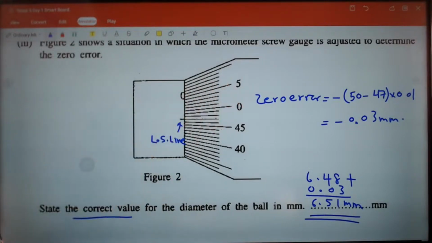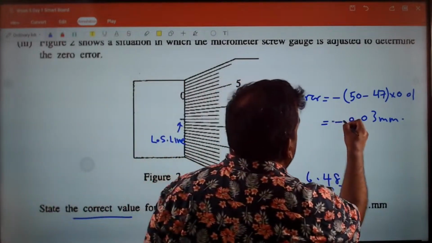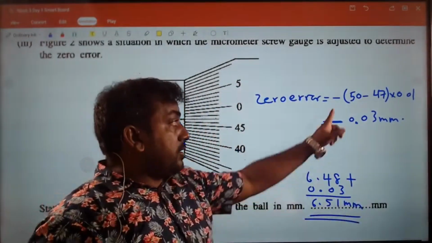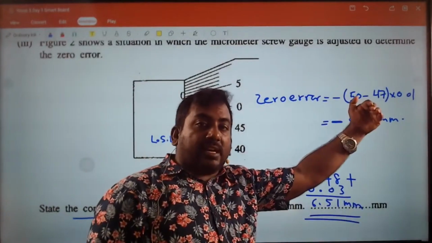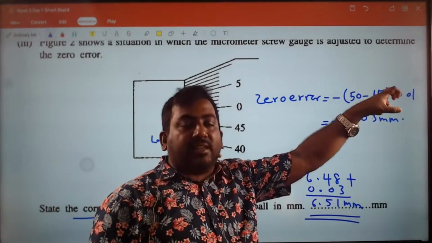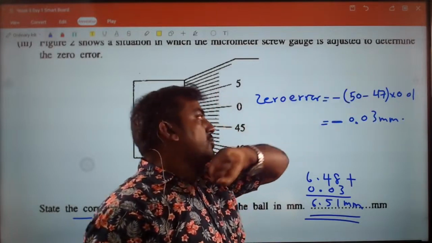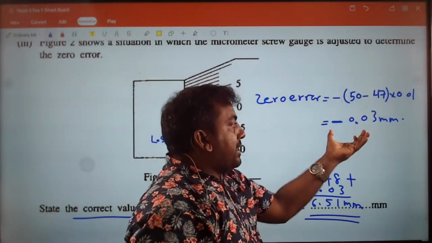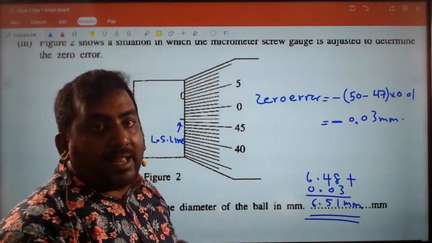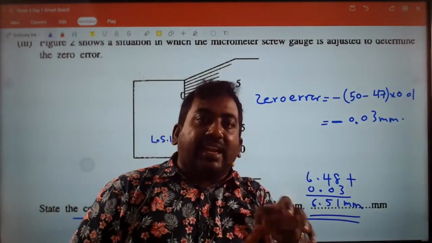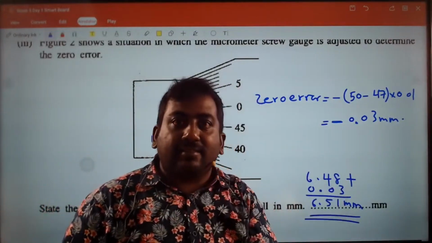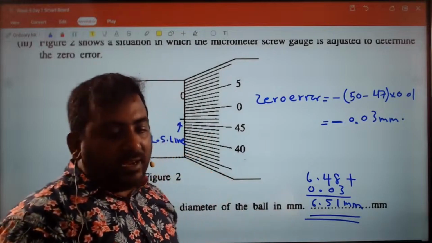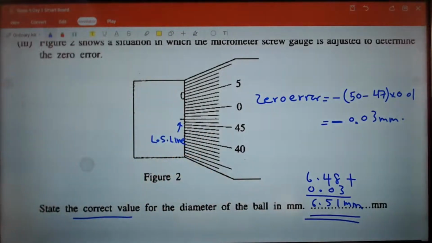That's how you find it. Total number of circular scale divisions minus the division coinciding, that you multiply by the least count, you get the zero error. And for negative zero errors, are you adding or subtracting? Adding, because you are reading less than the actual value. Okay? So 6.51 is the value.